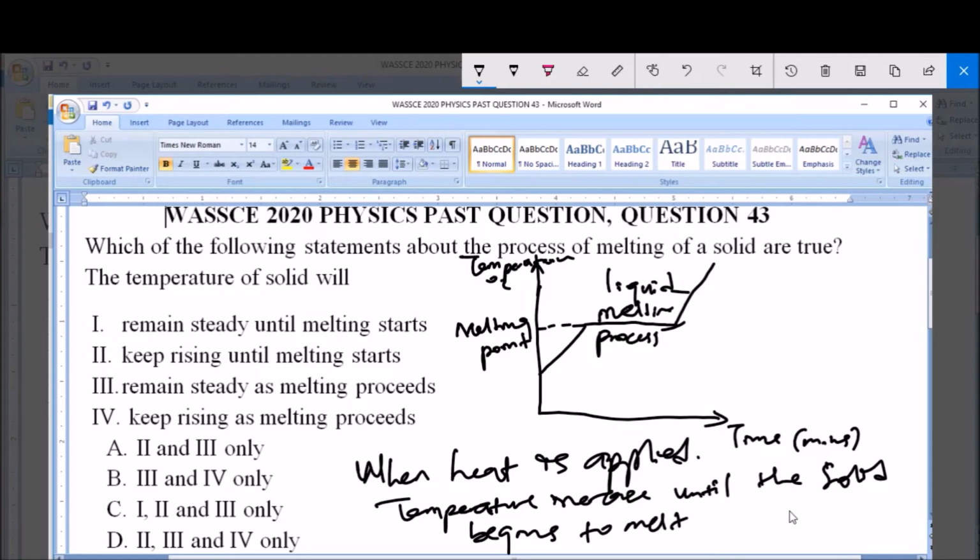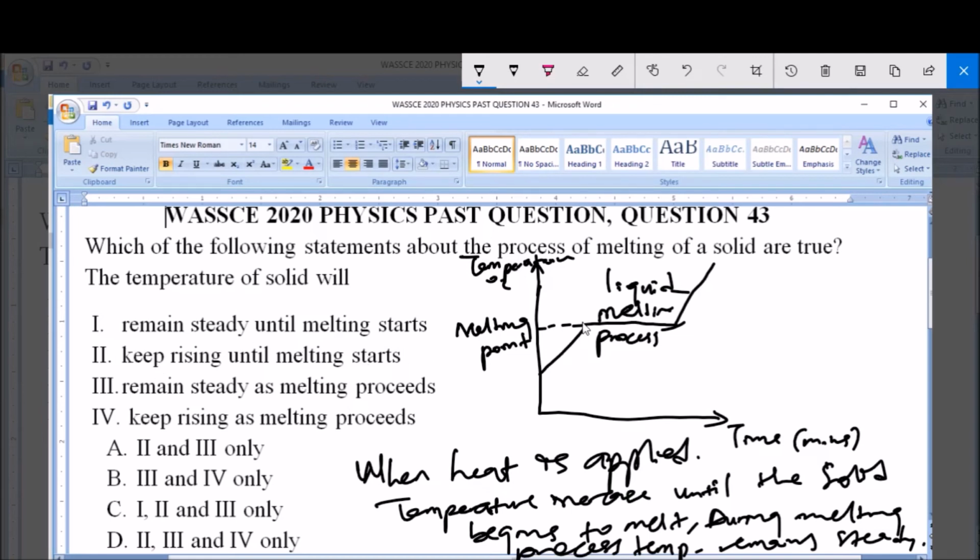Now at this melting point, that is when the melting starts, the temperature remains constant. It remains steady. So during the melting process, temperature remains steady.